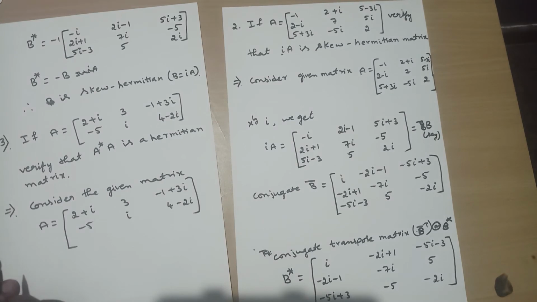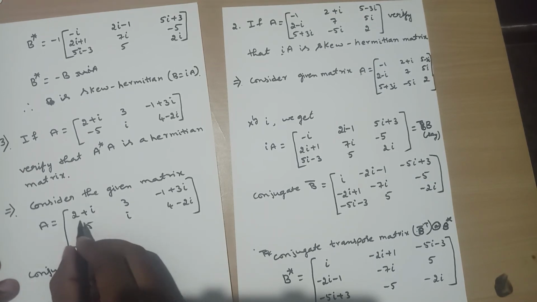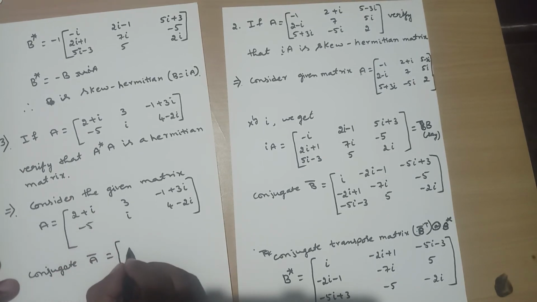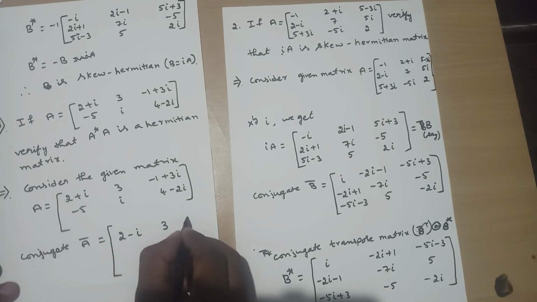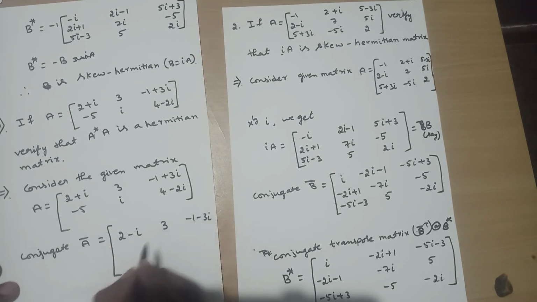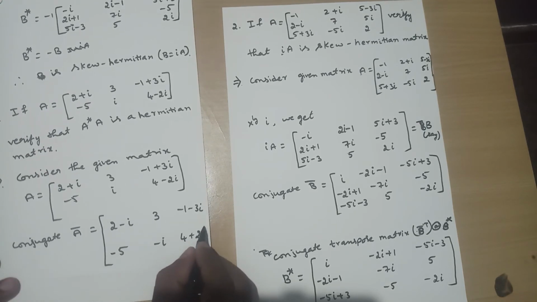Okay, so now you have to take its conjugate. So conjugate, what do you get? A conjugate here, I is replaced by minus I, so 2 minus I, 3, minus 1 minus 3i, and here minus 5, and here we'll get minus I, and here 4 plus 2i.